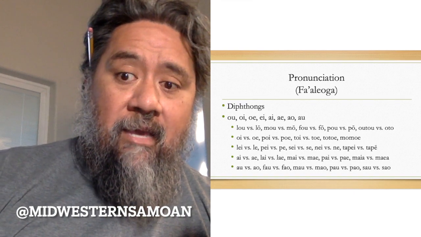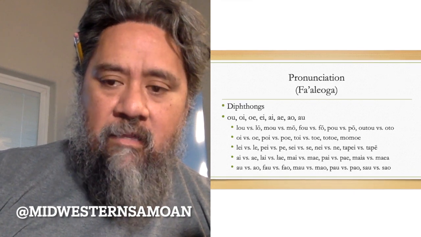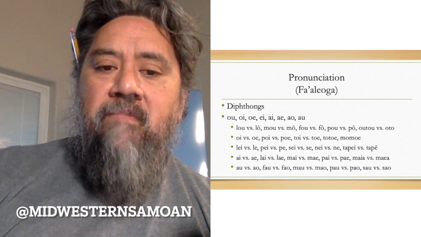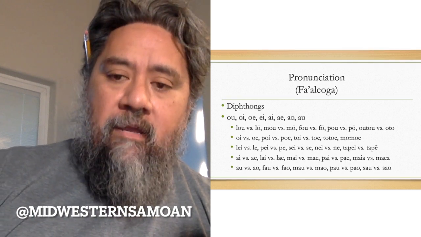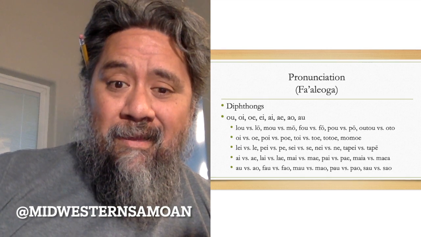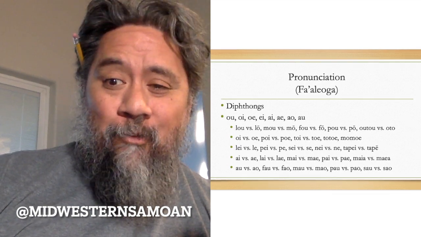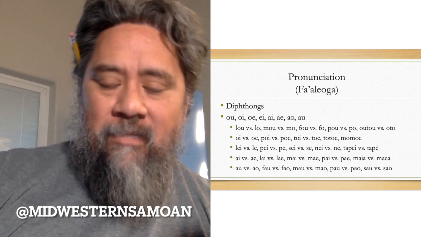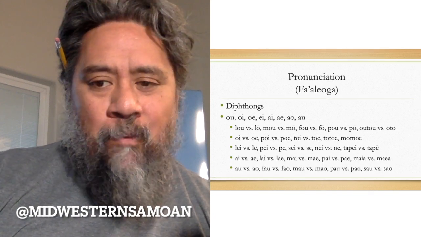Like when you see that AI, you want to say a, like in English, like in the word paid, but it's I. And then the difference between AI and AE. You don't really hear much of a difference, but it's important to know the difference in your mind.